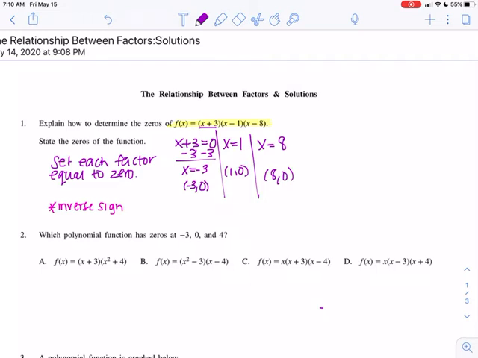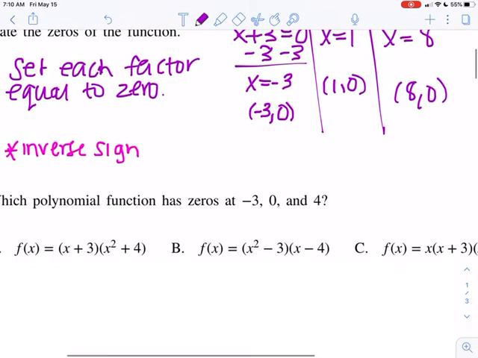All right. But if I needed to figure out what the polynomial looks like, I can find the factors from the solutions and then work backwards to get myself the equation. So if I have a 0 at negative 3, using what we just learned about inverse signs, okay, this factor would be x plus 3.